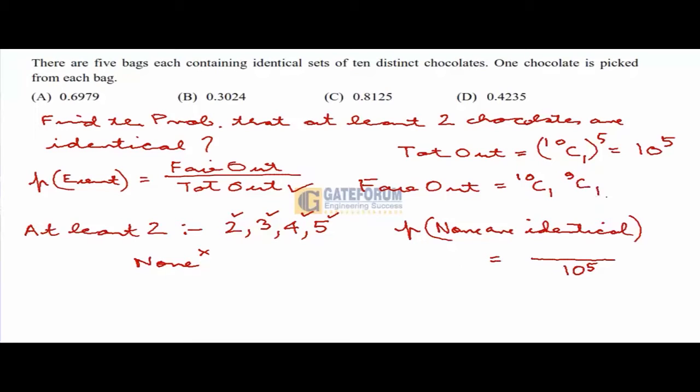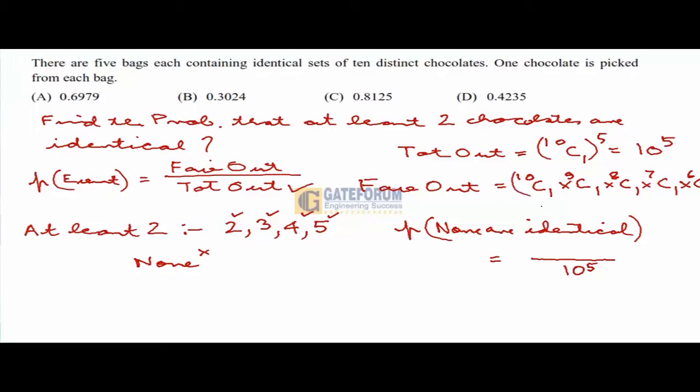In the third bag, I will see to it that the chocolates I have selected in bag 1 and bag 2 do not come to my hands. So I will be selecting the one chocolate from the rest of the other 8, and so on it goes. So these are the ways I select the chocolates. But I will select all of them simultaneously. So naturally the rule of multiplication will come in, and the answer would be this.